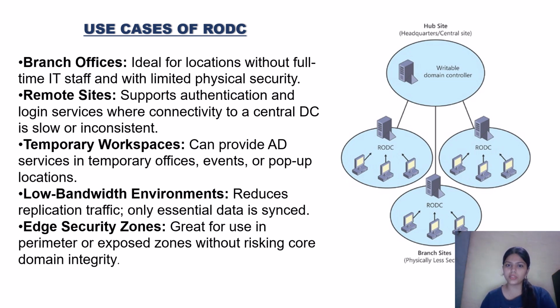In a temporary workspace, for example, if a company wants to open a workspace temporarily at any site, they would avoid making all the setup in a new site for a temporary time. So they can use RODC, which provides AD services in temporary offices or any pop-up locations.